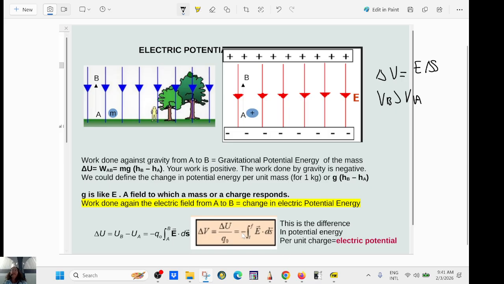The negative sign here just means that the electric field wants to lower the potential energy. So that means if you want to increase the voltage, work has to be done against the electric field because again, the electric field wants to lower the potential energy. Is that clear? If the field is not uniform, then you have to use an integral, which is like a sum. This is work done on the 1 coulomb of charge.